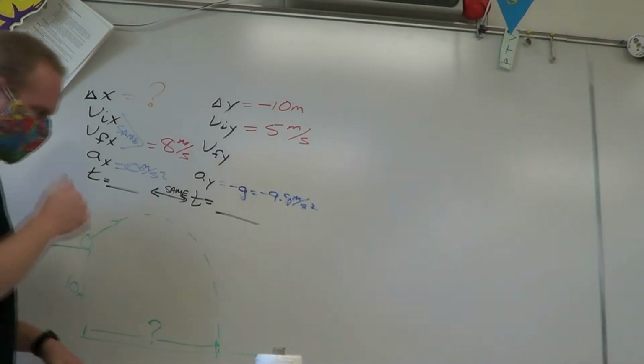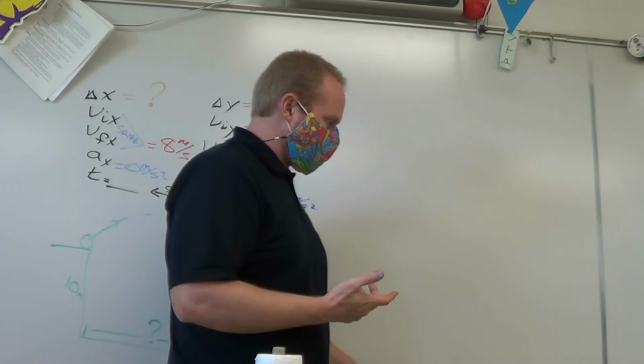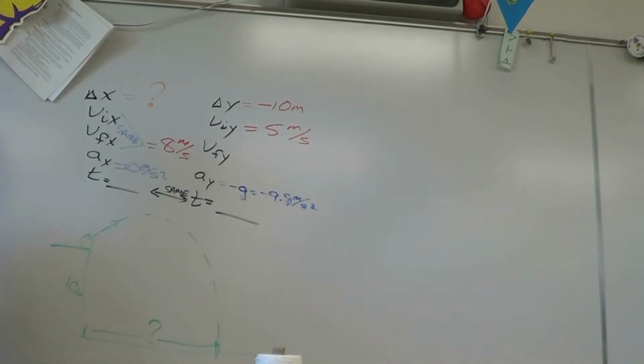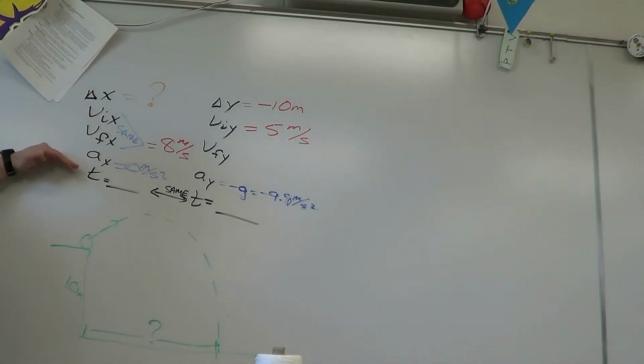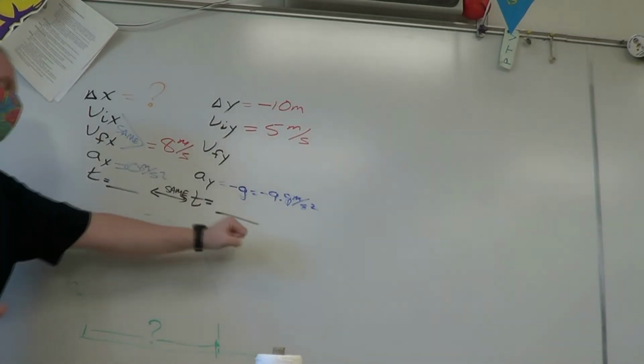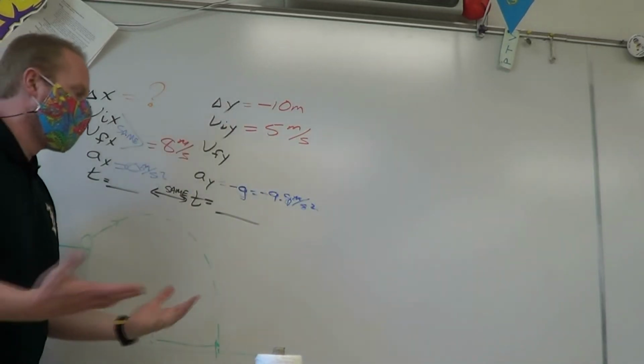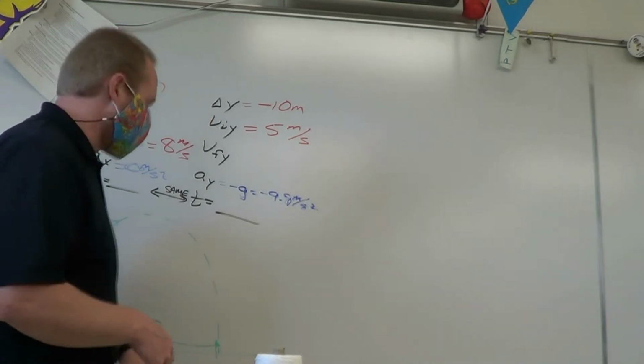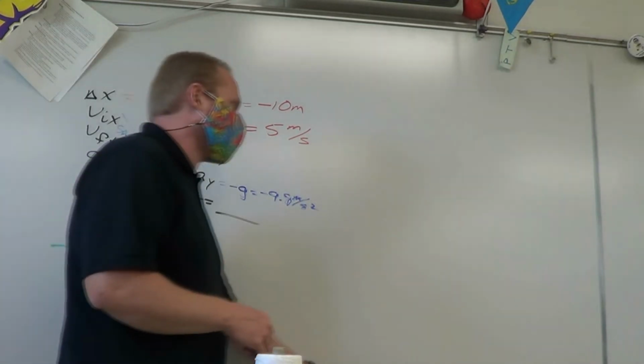Our next step typically is to do what? If we want to solve for this, shoot, I don't have enough information, so I've got to solve for time first, and then I can go. Okay? So if we just keep that same method going, we're good.